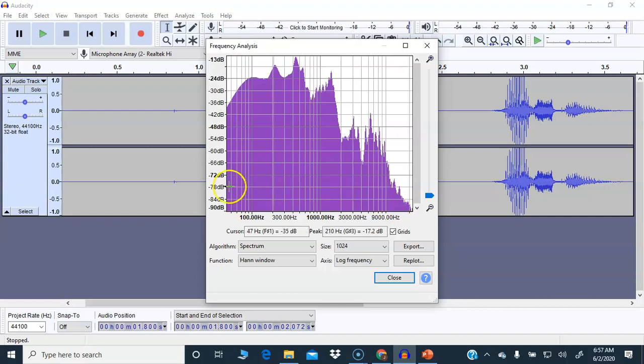Now let's see where 107 is. Right now I have the cursor at 108, and it's right there. It's this first highest point. That's the fundamental frequency of my voice, which we said was actually 107. But you'll notice that there are subharmonic overtones up at 220, and again at almost 440.